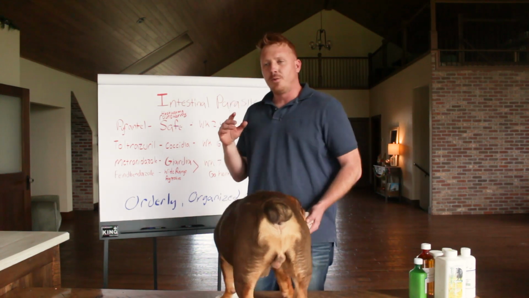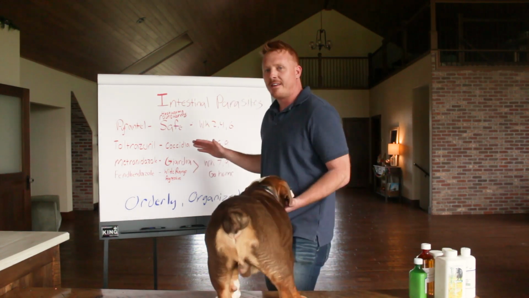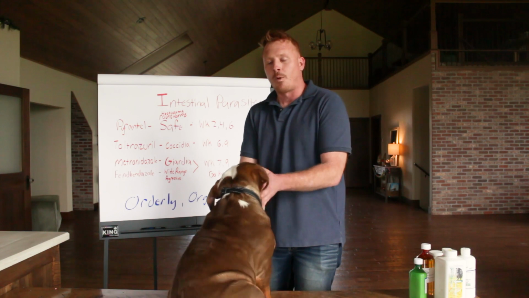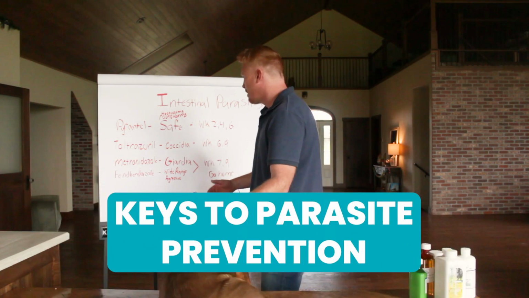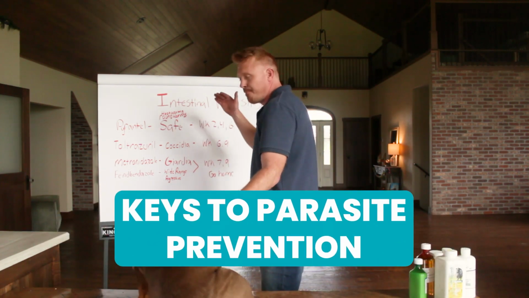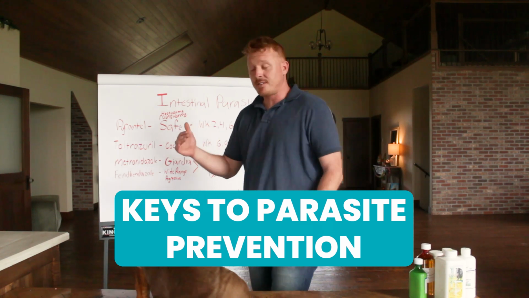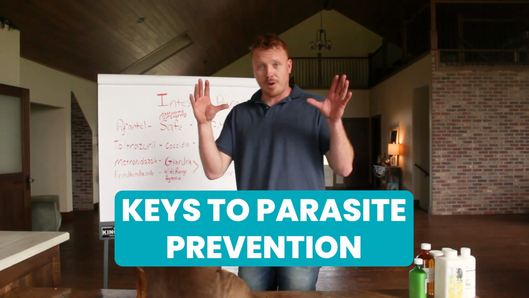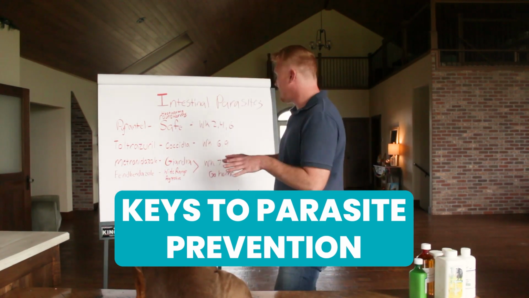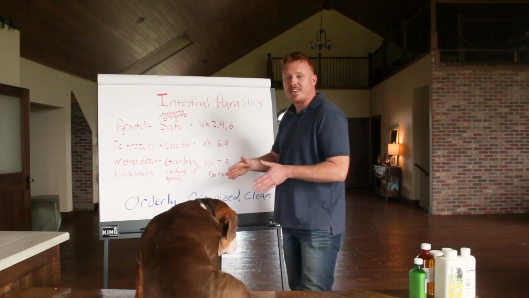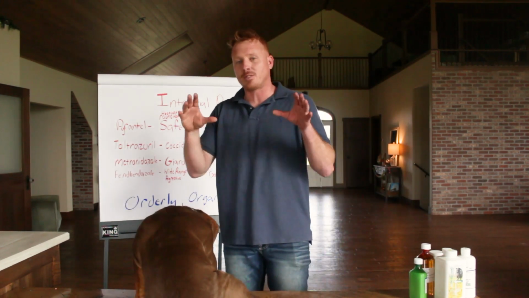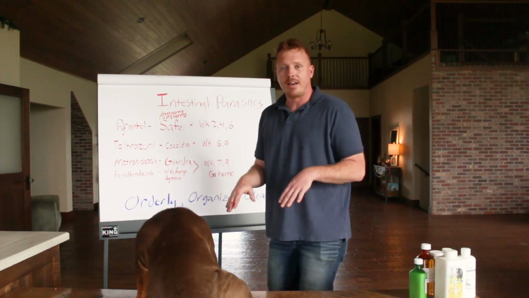I wanted to communicate a couple of different aspects through that. One, a properly implemented parasite plan is extremely orderly. You can see it's by the week, every single week. It's orderly and organized.